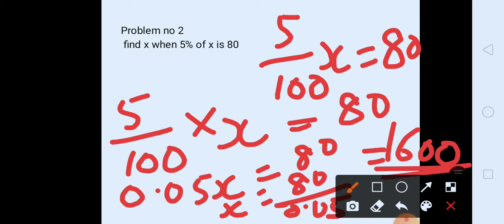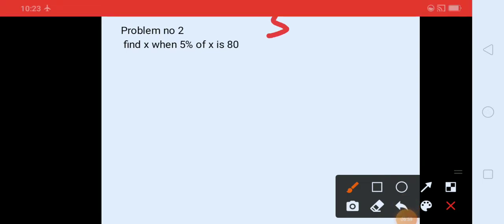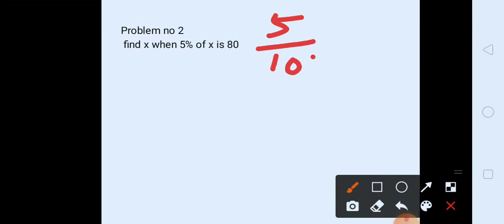So x is 1600. Once again, students, I am explaining. Listen carefully. They have asked 5% of x, that is 5 divided by 100 into x is equal to 80. Slowly I am working because it is not a formula. Each problem is very important, students, and each problem is different from the others. So you have to work it out and concentrate, otherwise it will be very difficult to understand.